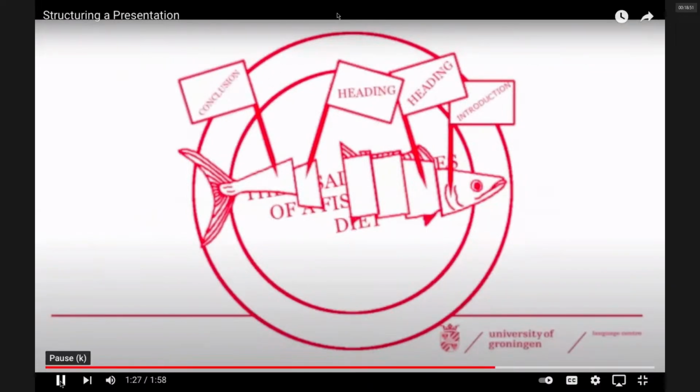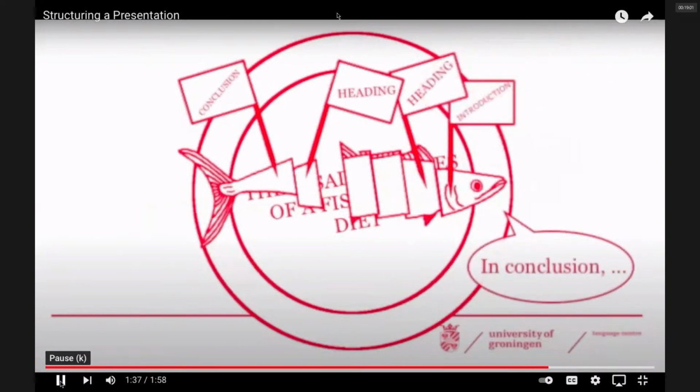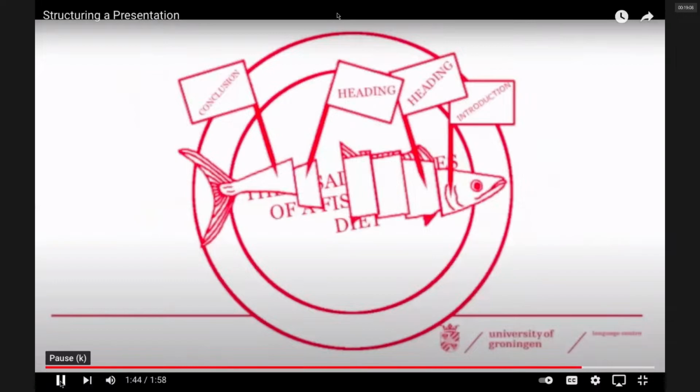If you use the words moving on to the next, or that brings us to the next issue or point, the audience realizes that you are now changing topics. In conclusion, or to summarize, clearly indicates that you are coming to the end of your presentation. This signaling language is essential in your presentation.